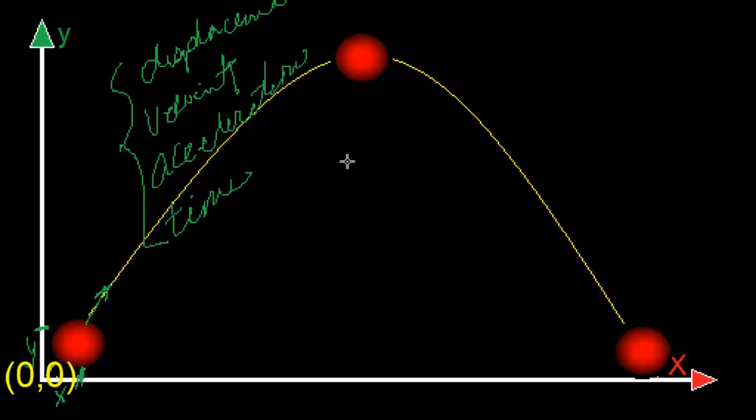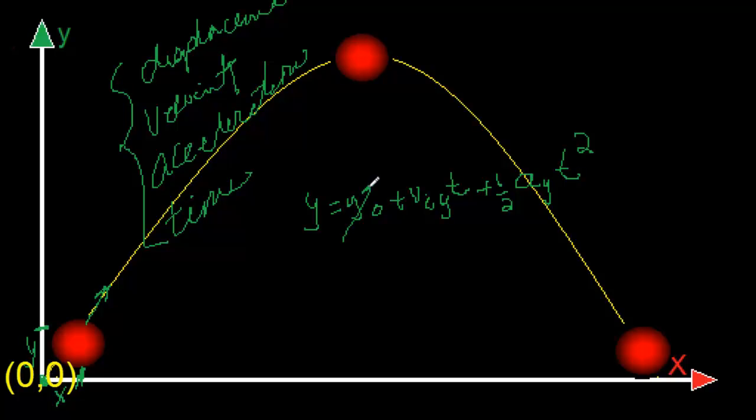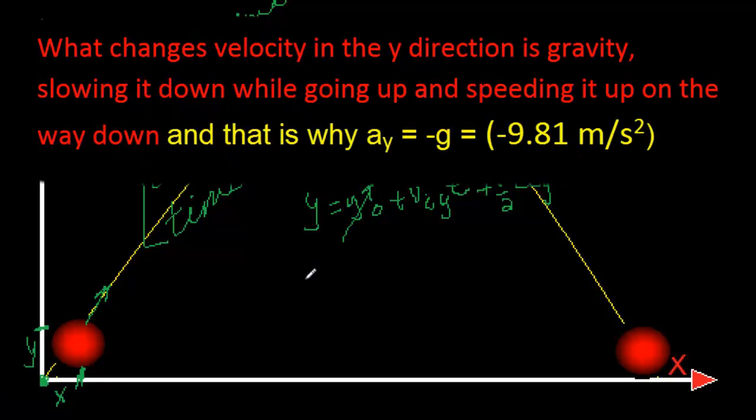Displacement in the y direction, y equals y initial plus initial velocity in the y direction times time plus 1/2 acceleration in the y direction times time squared. If the starting point is right here at the origin, y initial is zero. So y would equal initial velocity in the y direction times time and acceleration in the y direction.